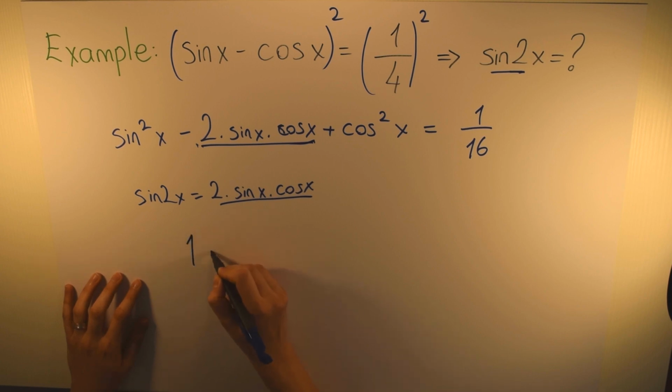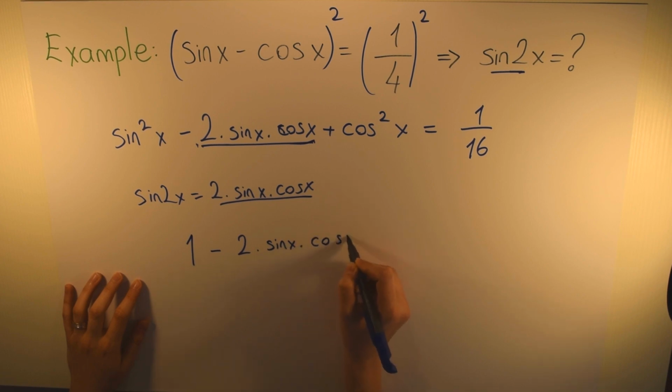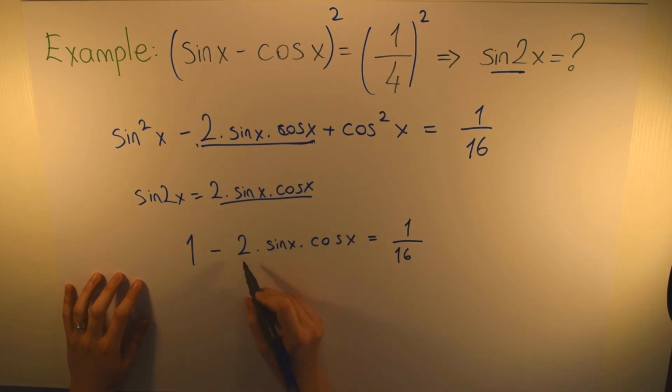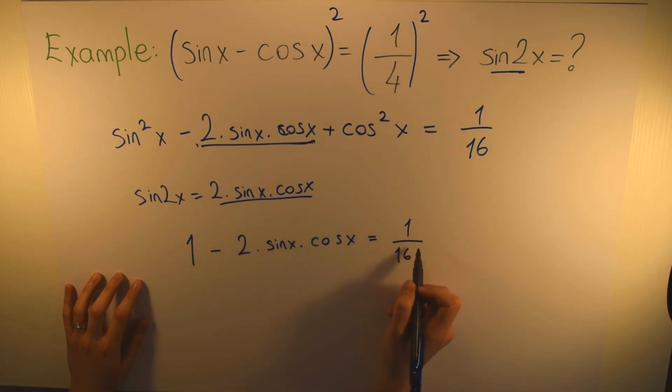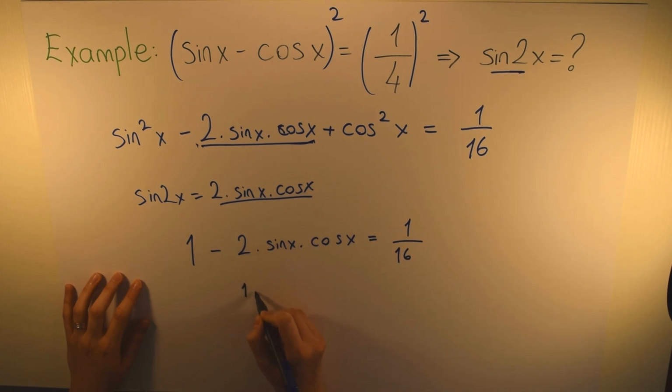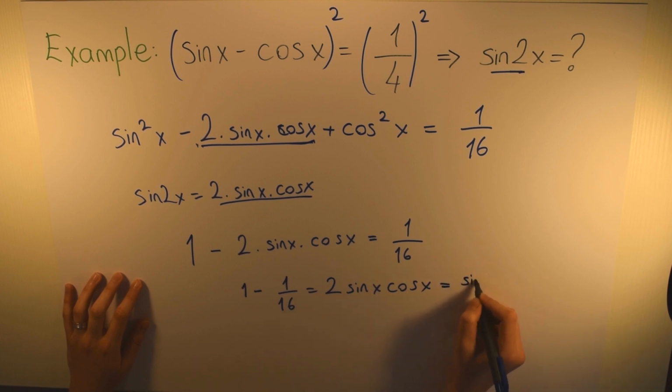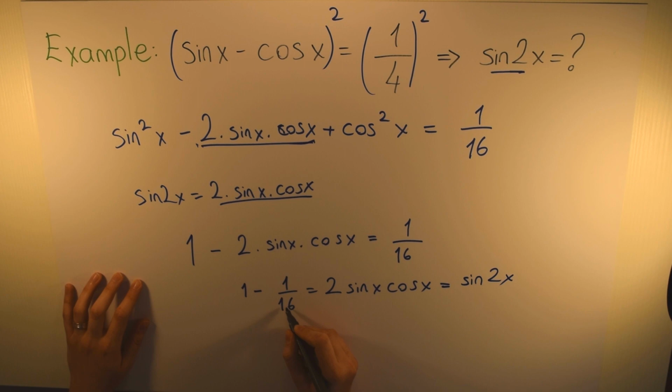So it's 1 minus 2 times sine x times cosine x, which is equal to 1 over 16. Let me put this one on the other side, and we will get 1 minus 1 over 16 is equal to 2 times sine x times cosine x, which is equal to sine 2x, right? So from here it's 16 minus 1, 15 over 16 is equal to sine 2x.